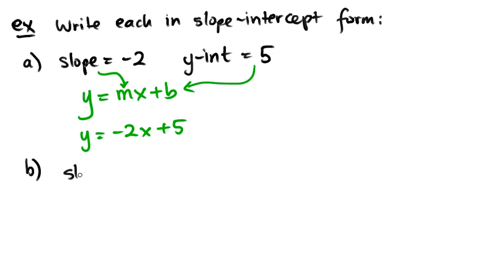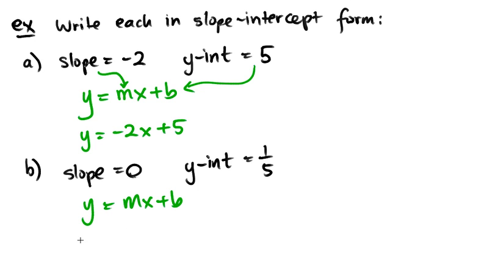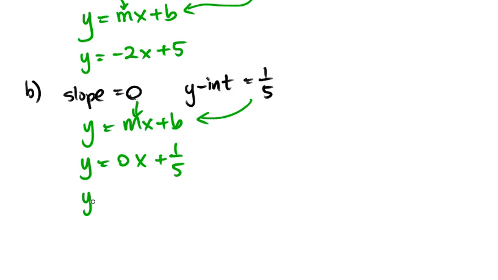If I give you one where I say, hey, wait a sec, the slope isn't 2 or negative 2, it's 0, and I've got a y-intercept that's a little bit more complicated, it's 1/5. Don't worry, it's exactly the same. You just make your slope 0 and your y-intercept 1/5. And of course, 0 times x is, well, the x's disappear, and y equals 1/5.